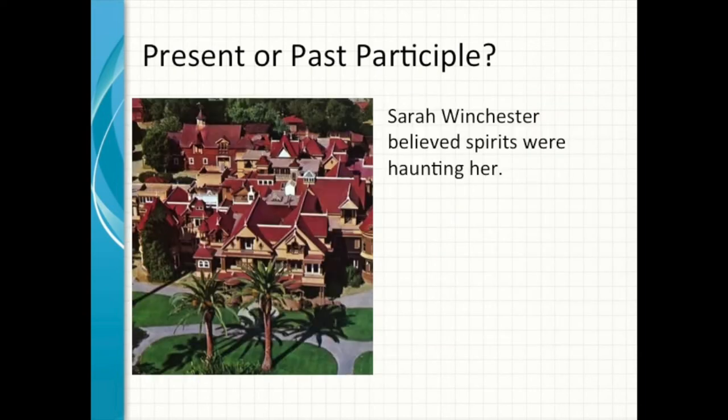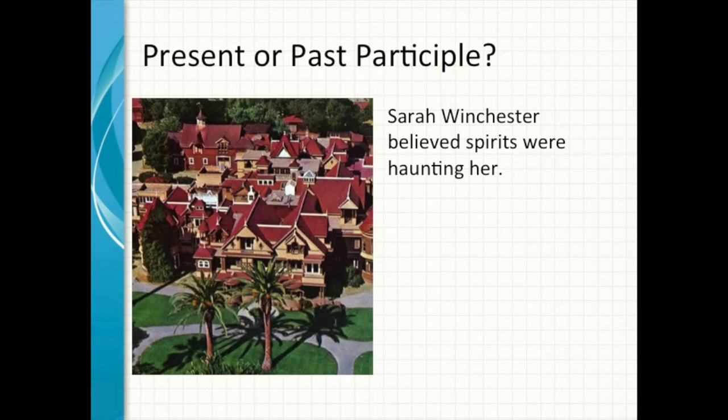Our last example is about a woman named Sarah Winchester, who believed that spirits would kill her if she ever stopped constructing her home. So she ended up with this enormous mansion that was constantly under construction for over 30 years. You can go visit it in California. Here's our sentence. Does it have a present or past participle?